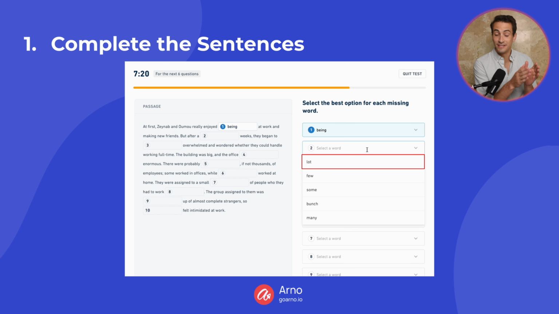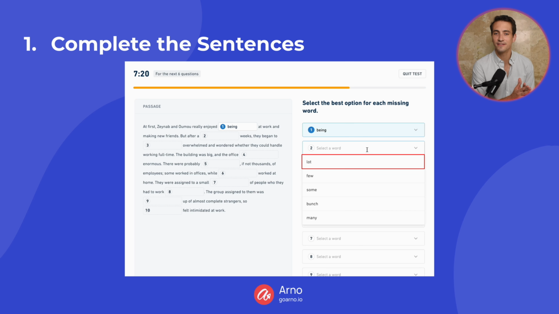This would be potentially a good place where we could skip a word. So for example, if we were having a hard time with number 2, we could skip it and move to number 3, which we may find easier. And after we get number 3, we can come back to number 2, use the missing word for number 3 that we identified to help us figure out what number 2 could be.